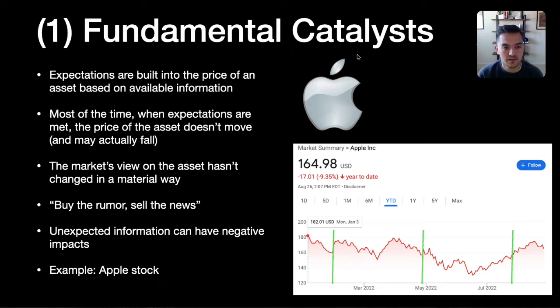So think of Apple stock as a good example. Everyone knows that Apple is one of the largest companies in the world. They've been doing pretty well as of late, and their earnings are coming up.